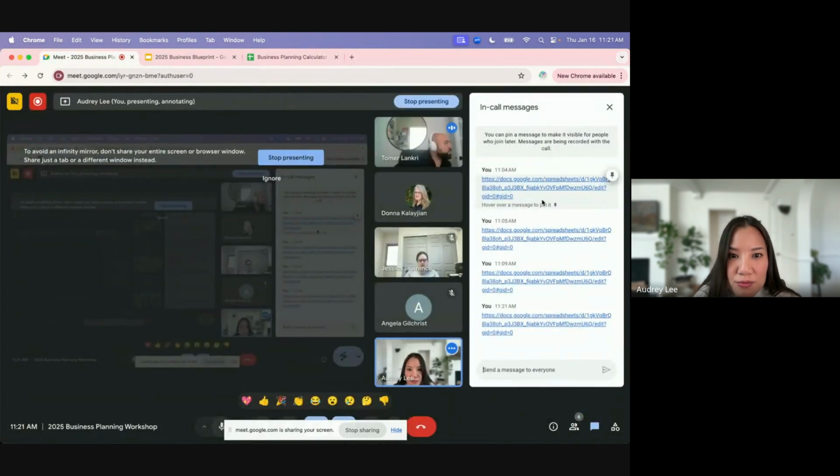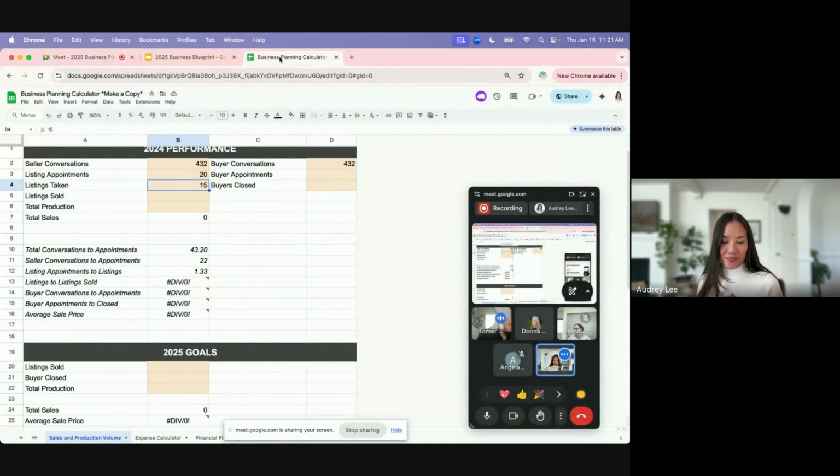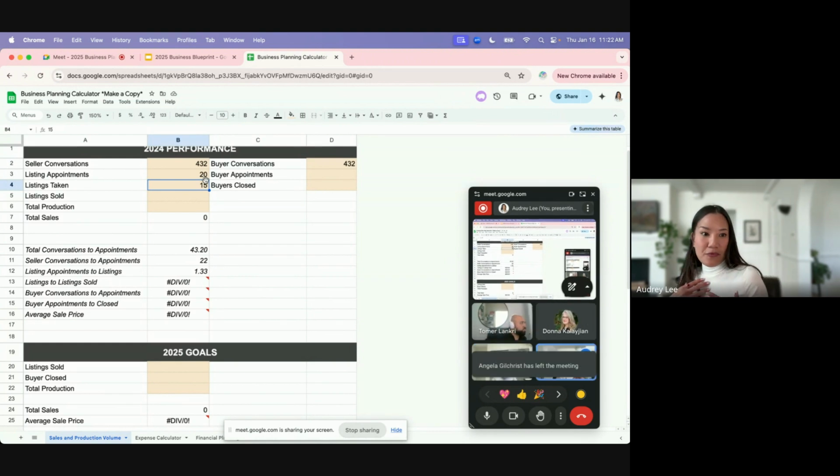And this again is going to help with the roadmap. So if you have the amount of conversations that you've had, as well as the amount of appointments, you can go ahead and fill that in. And right now both Tommy and Don are looking to see how many listings they have sold this year.